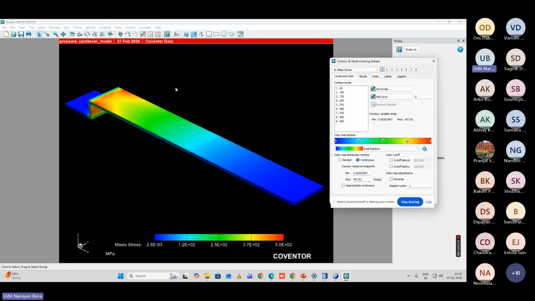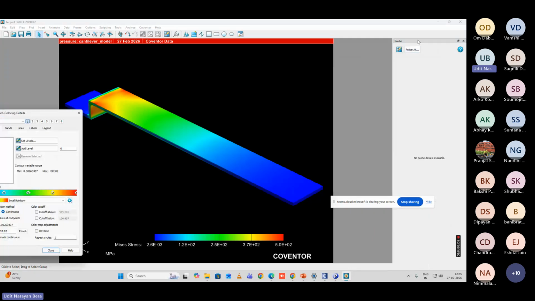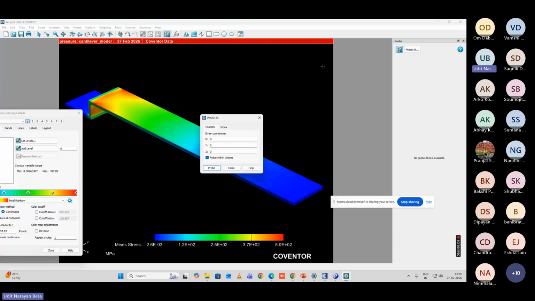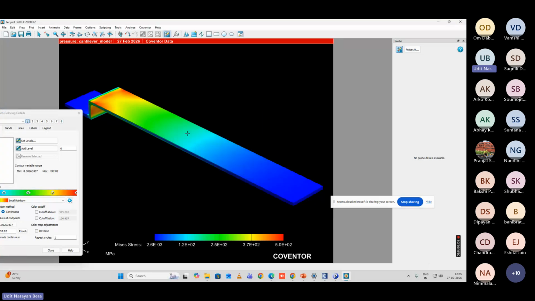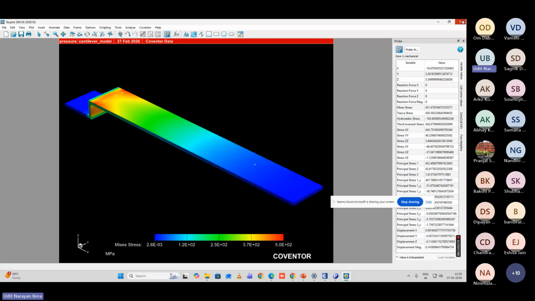Also, you can check different places. If you have a probe option, and you put your cursor here, you can see the result on the right side. You can see at the red point exactly what the stress is, and in this blue section the stresses are very small. Okay, so this is MEMMECH.